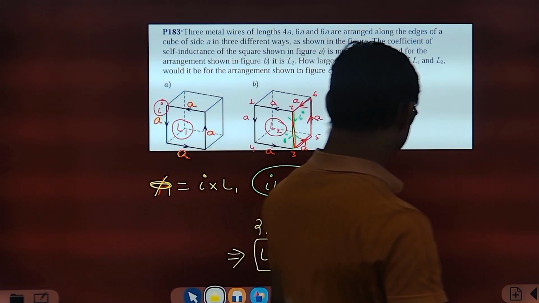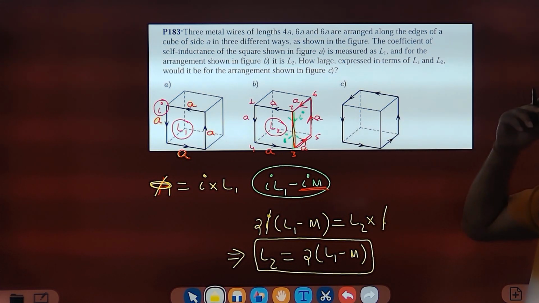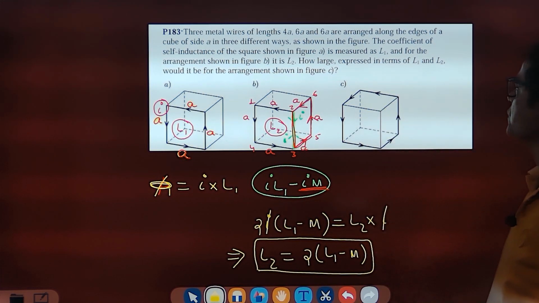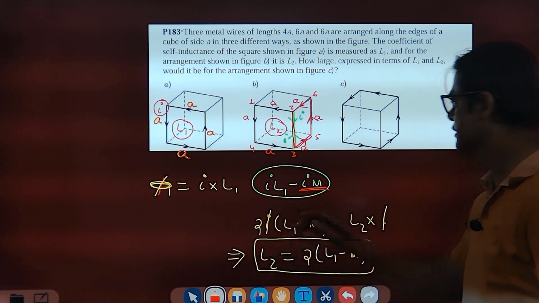Now, coming to this third one, this is what they are asking. What is the inductance of this loop? How much is L3 is what the question is. So, we will follow the same technique here.